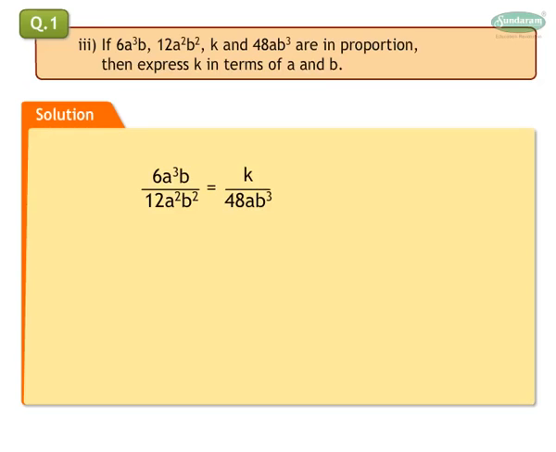Now, let us cross multiply to solve the equation. Therefore, k is equal to 6a cube b into 48ab cube upon 12a square b square. After simplifying we get k is equal to 24a square b square.